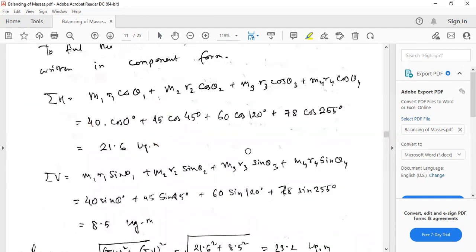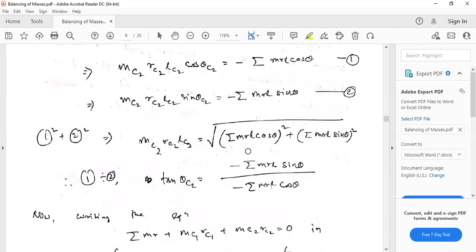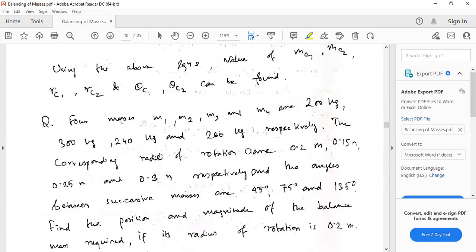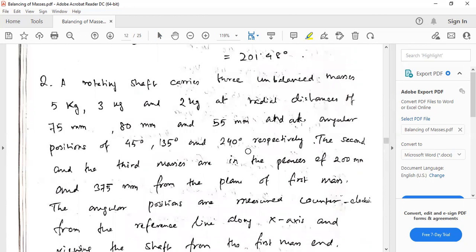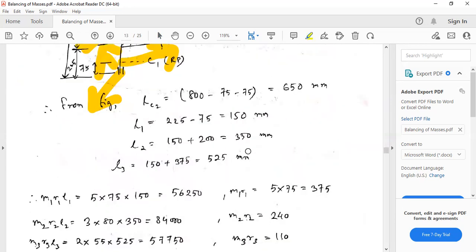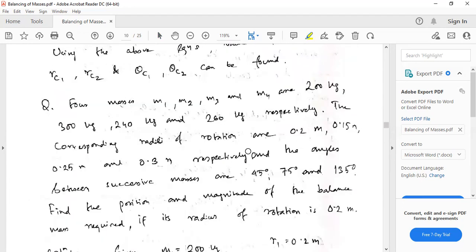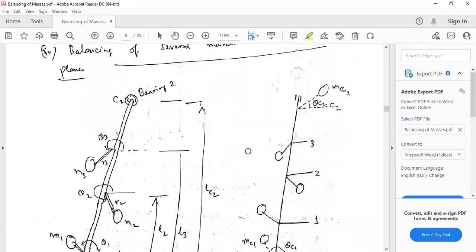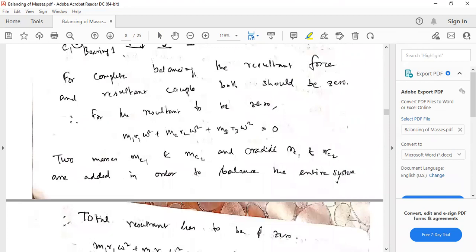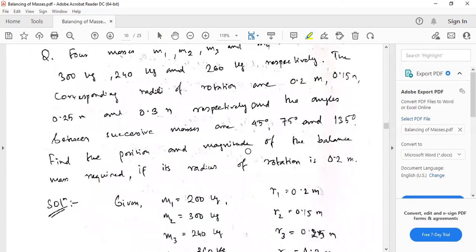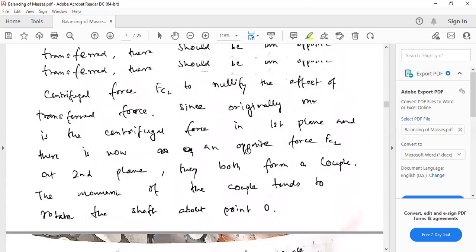To transfer a force, just a moment, it was somewhere, I need to find out.